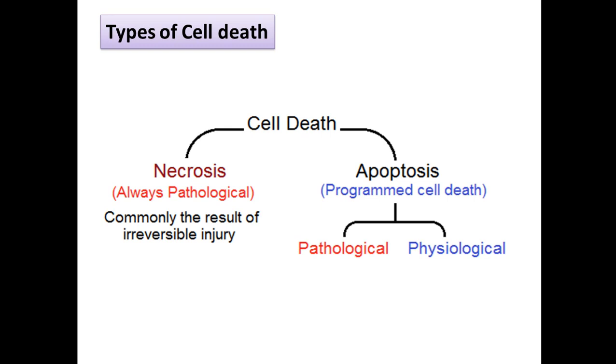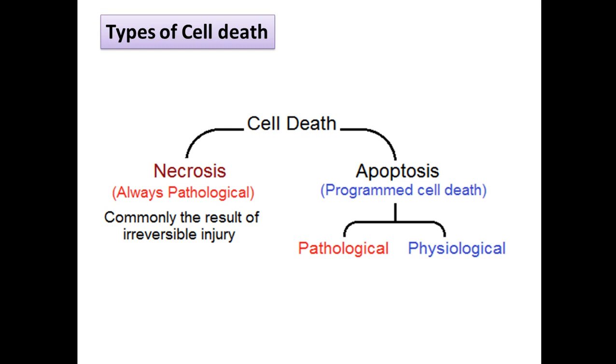The other type of cell death is known as apoptotic cell death or programmed cell death. This is different from necrotic cell death, which is always pathological, while there are certain circumstances in which apoptotic cell death may be physiological. It is needed. For example, during embryogenesis, certain cells which are not needed undergo apoptotic cell death, and for this reason it is known as programmed cell death.